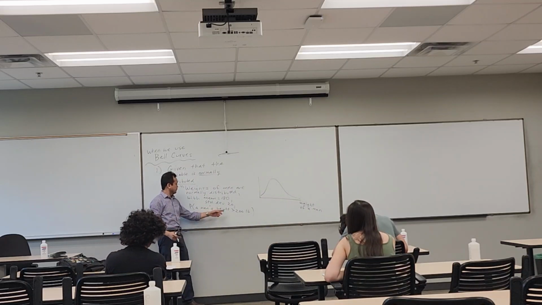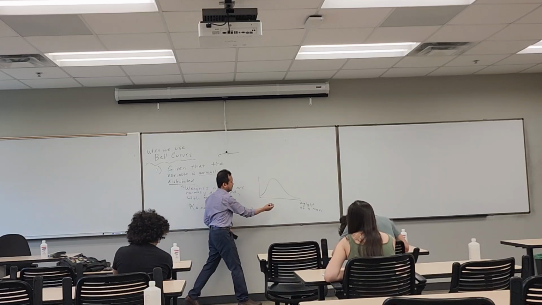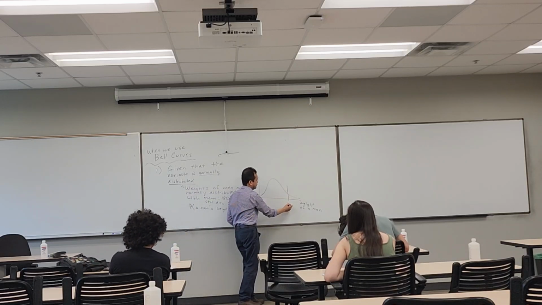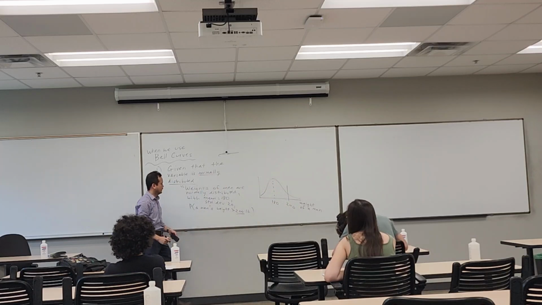And we can go ahead and identify this reference point of 200 pounds. Let's say 200 is here, because we know that 180 is the mean or the peak of the bell curve, and 200 is more than that.